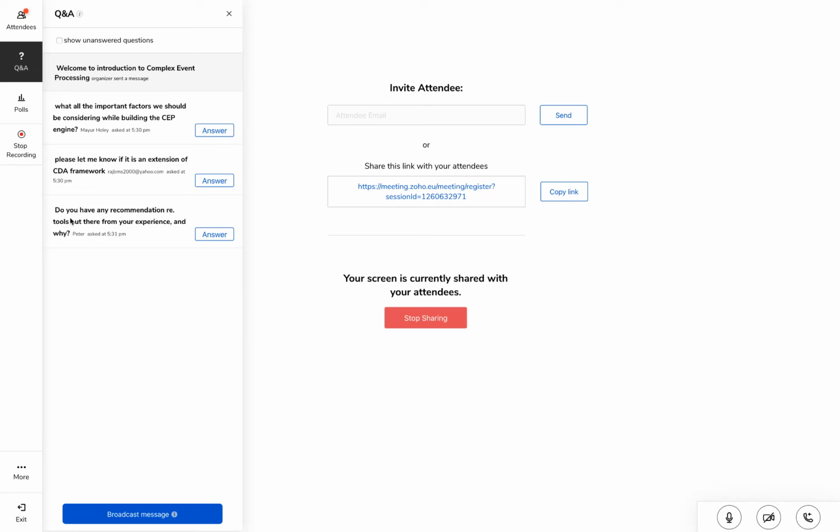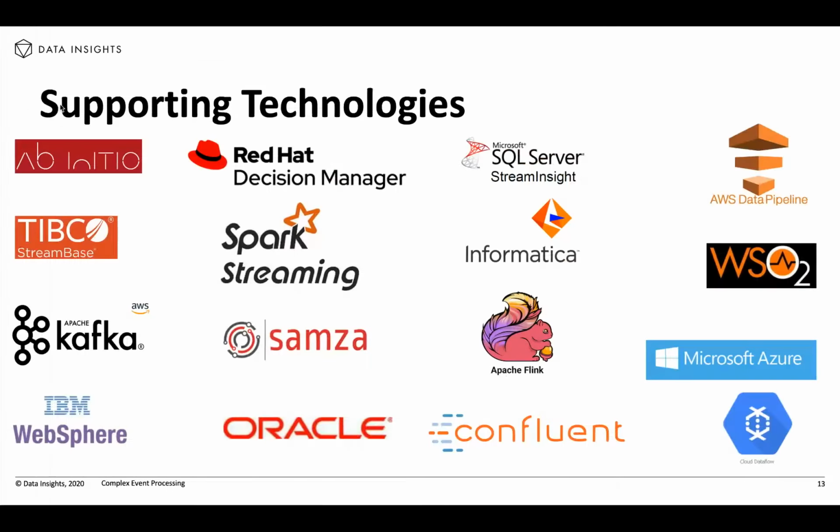Next question is, do you have any recommendations regarding tools out here from your experience and why? Based on my past experience and the implementations and the success stories that I have seen, I would recommend Ab initio as it contains multiple tools under its umbrella.